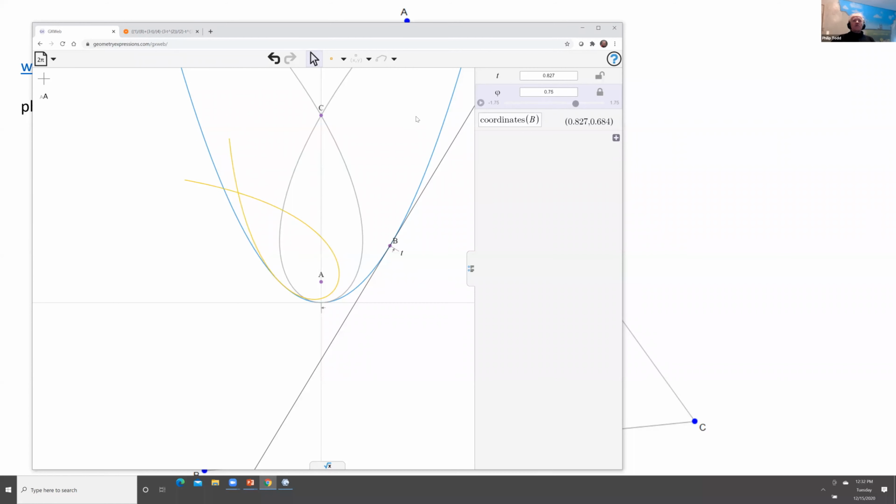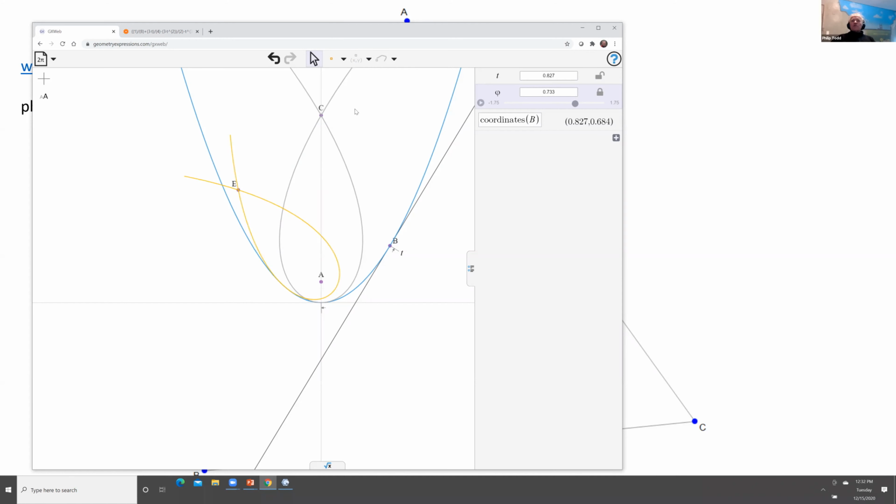Unfortunately, I seem to remove my point E when I hid this. So let's get it back. All right, that's rehidden. And let's change that color again back to yellow.